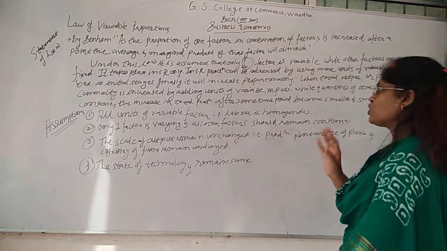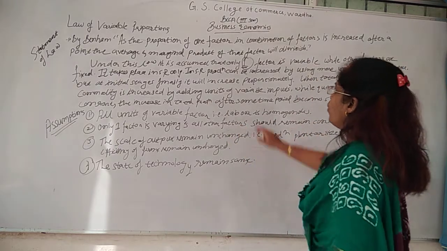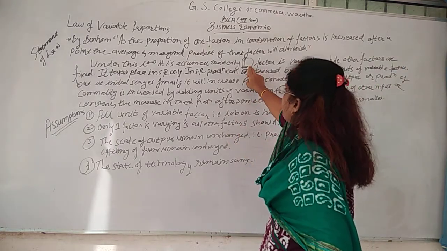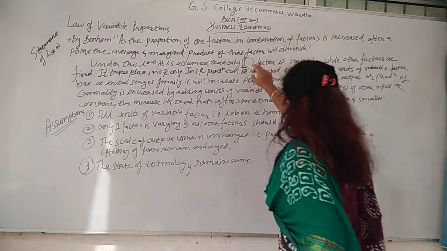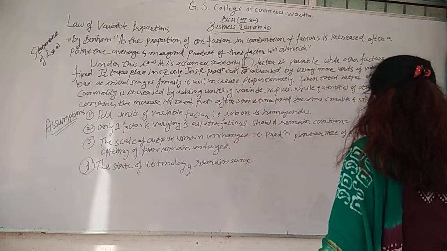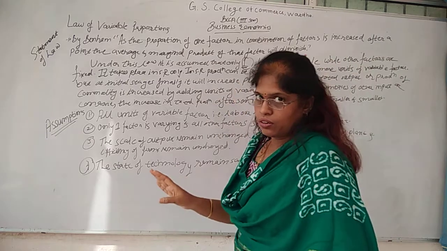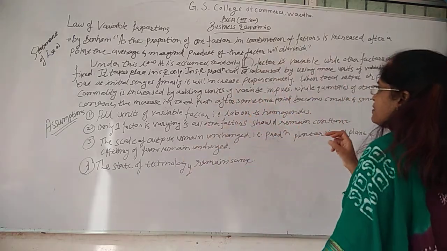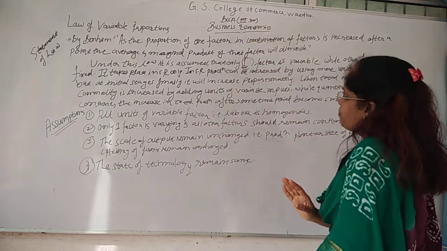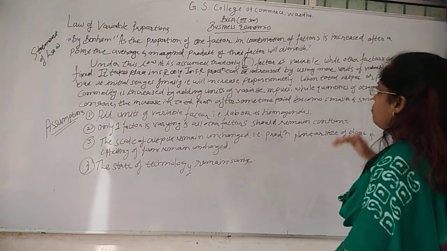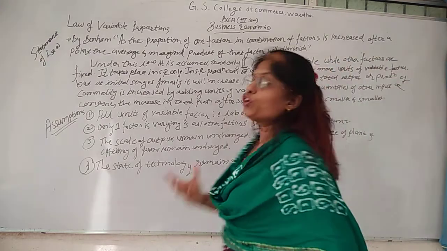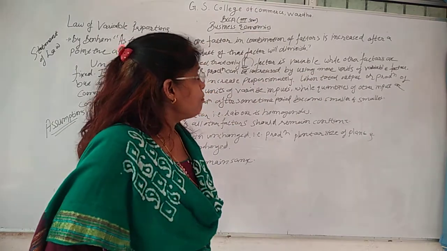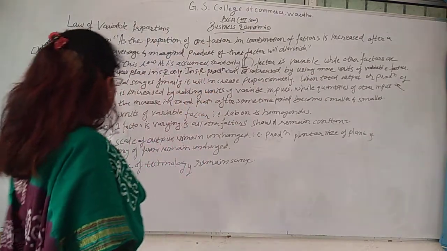Under this law it is assumed that only one factor of production is variable while other factors are fixed. It takes place in the short run only. In the short run, production can be increased by using more units of variable factors. Is that clear?